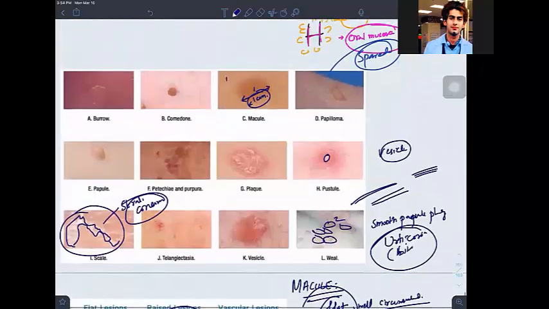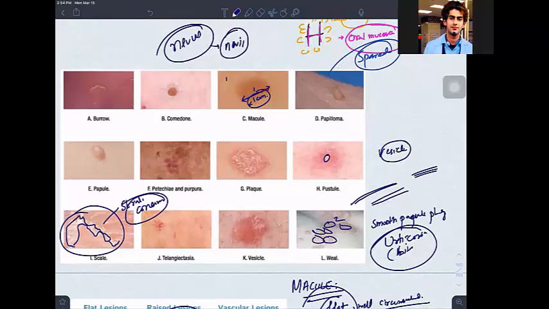Okay. Can you tell me how much is the length of your mole? If you have a mole, that is called nevus. Or if they are in plural, we say nevi. So what is the nevus? Your mole that is elevated also, and it is less than 1 centimeter. Okay.